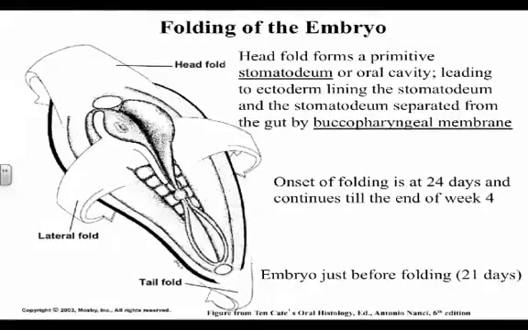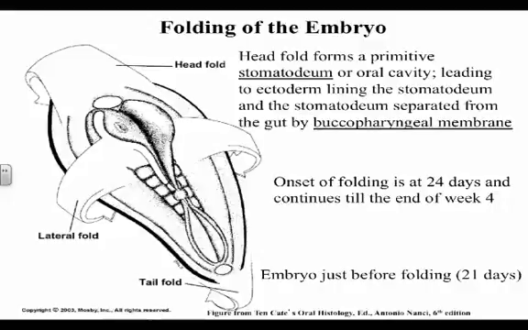Okay, now, what now happens is we have a flat embryo, and we have to fold the embryo. So you have to imagine this. Here is my hand. We have a flat primitive streak, right? My palm is down.